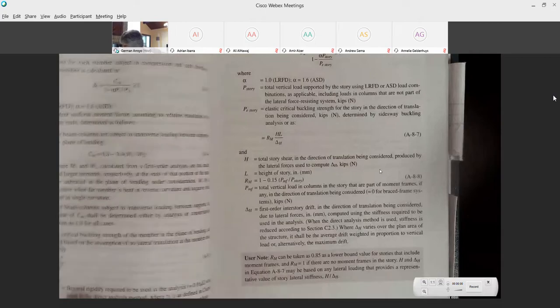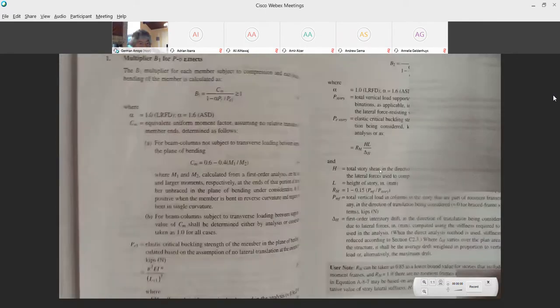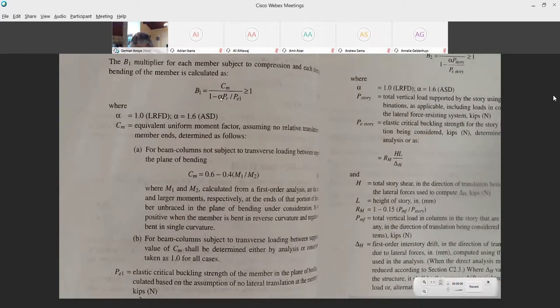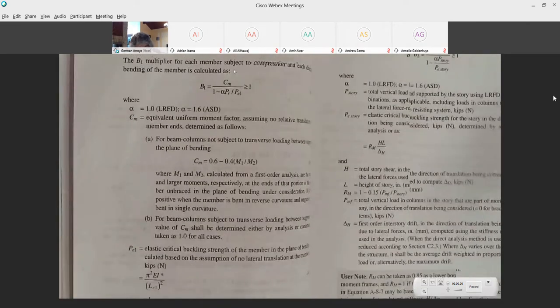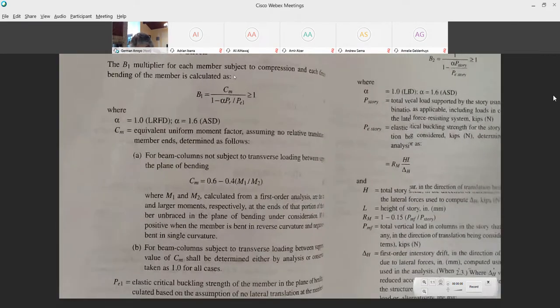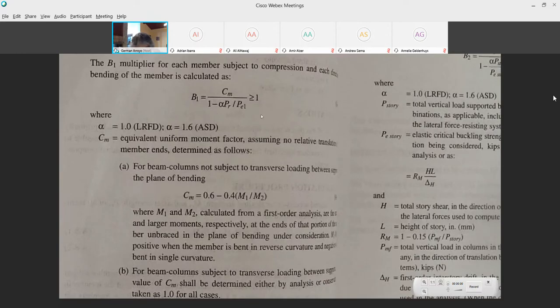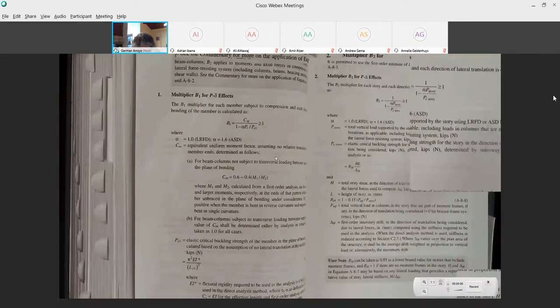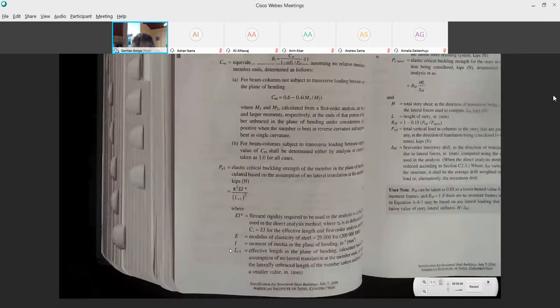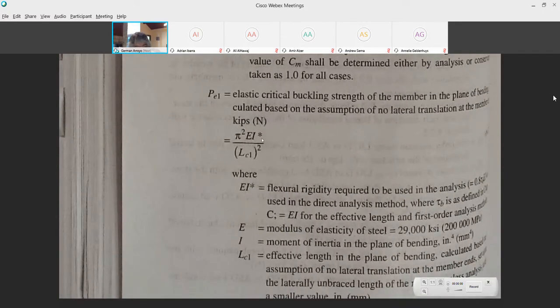So in the next page, this formula for the magnification factor is good for the x and the y axis. So what changes is that for the strong axis, this is Ix. For the weak axis, this is Iy.